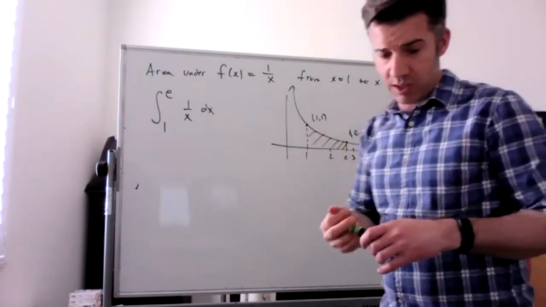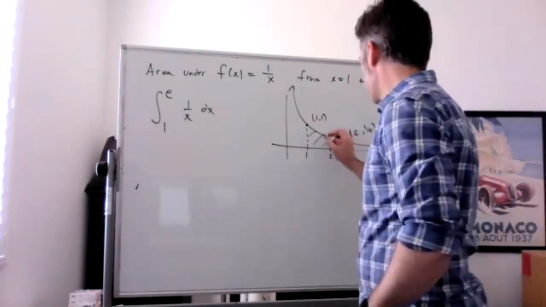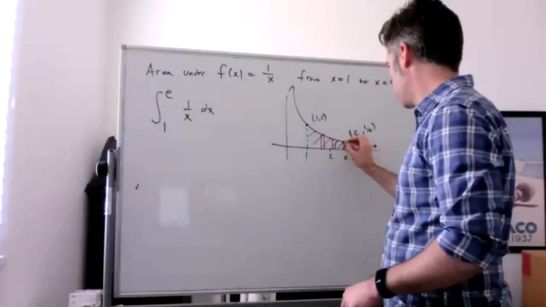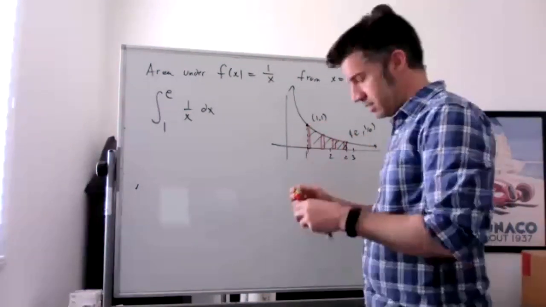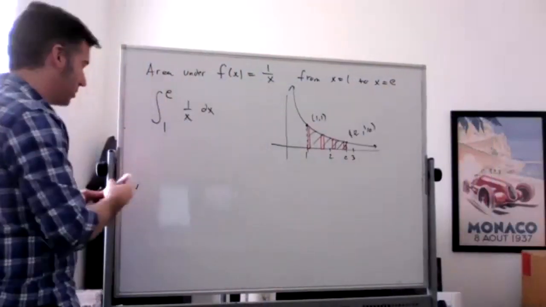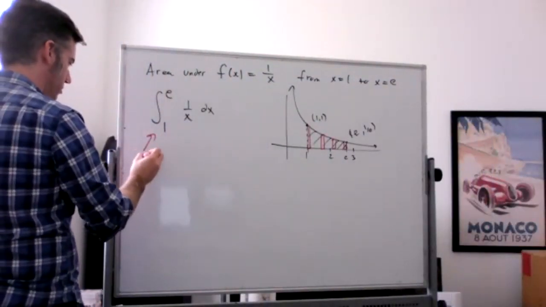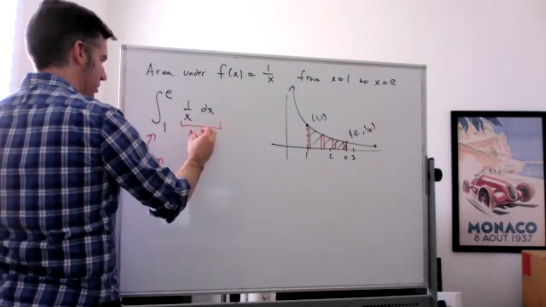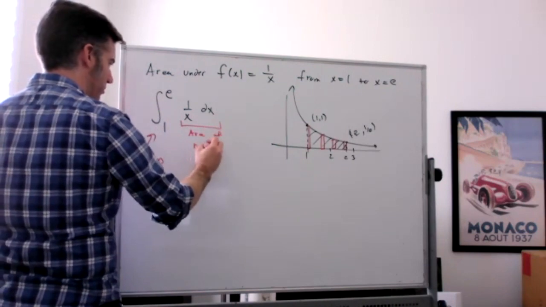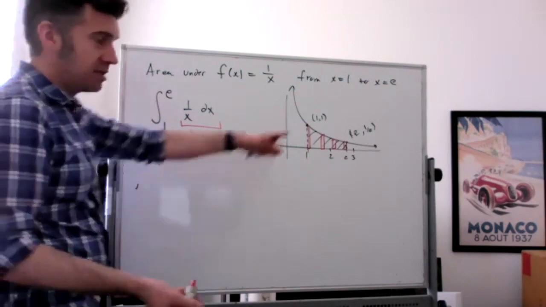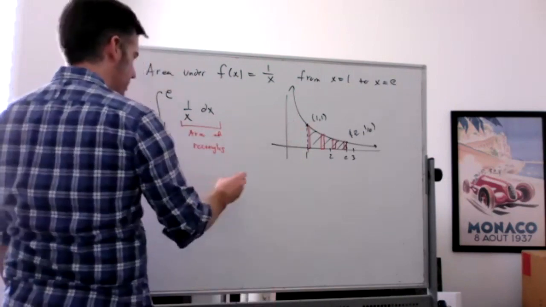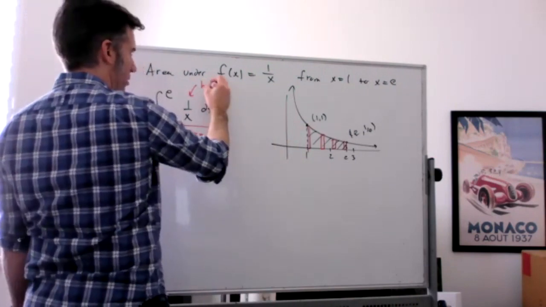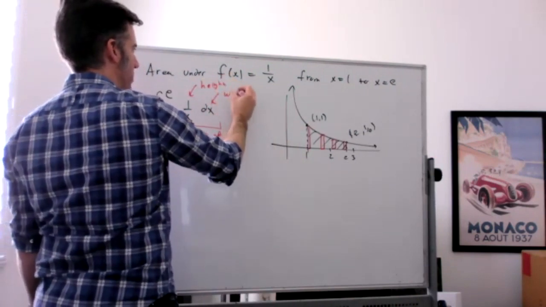And again, all we're doing is we're using little rectangles. So all this integral is saying is add up the area of these rectangles. Each of those rectangles has a height of 1 over x and a base, or a width if you prefer, of dx.